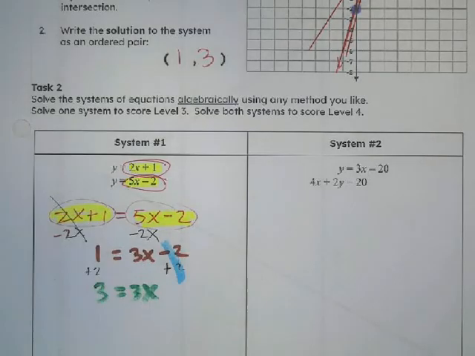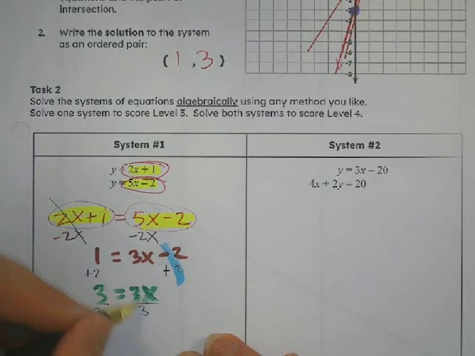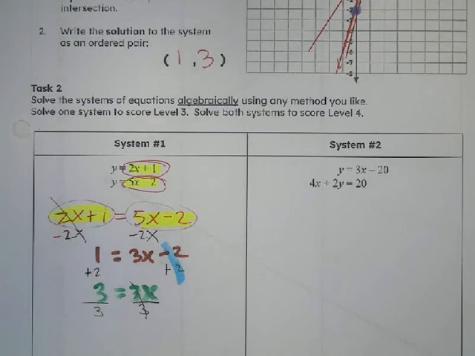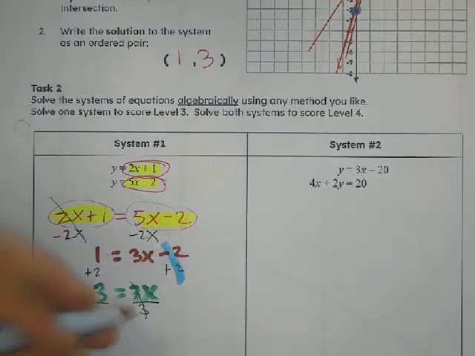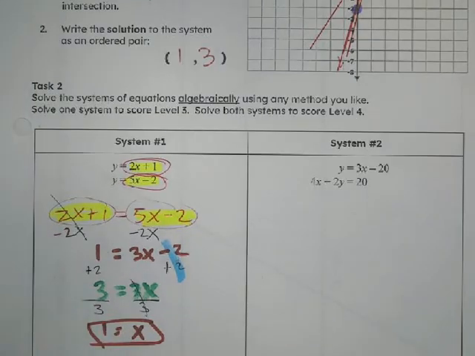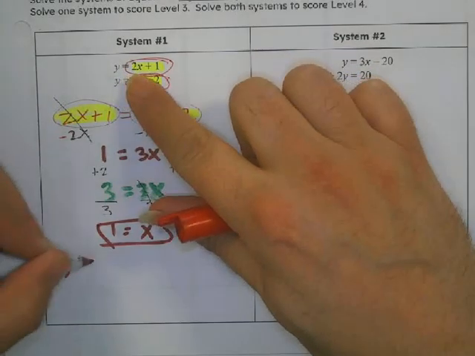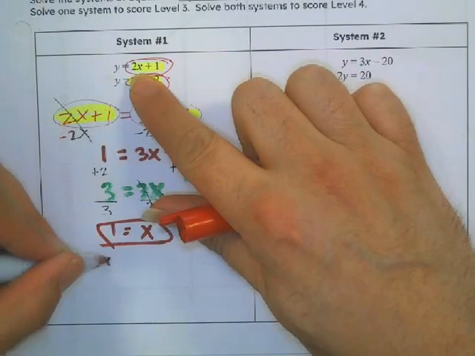Now we need to solve for x. I'm going to divide both sides by 3, and I end up with x equals 3 divided by 3, which is 1. Now that I know x is 1, I can plug it into one of these equations: y equals 2 times x plus 1.